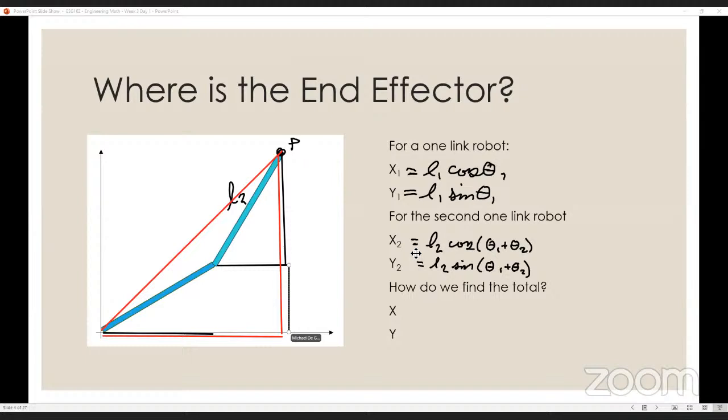And by adding the x components of these two triangles together, check this out, that one actually I drew well, you have the length of that. So we can decompose both of these triangles into right triangles. If you added x1 and x2, you would get the total x position of that point. And if you added y1 and y2, you would get the total y position of that point.